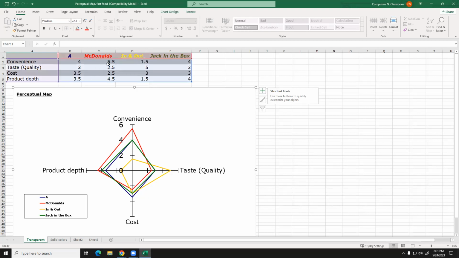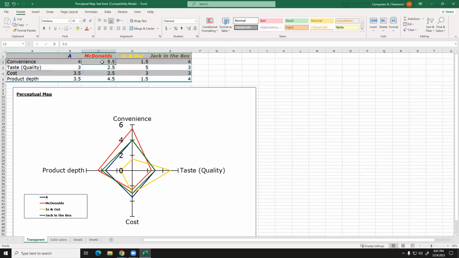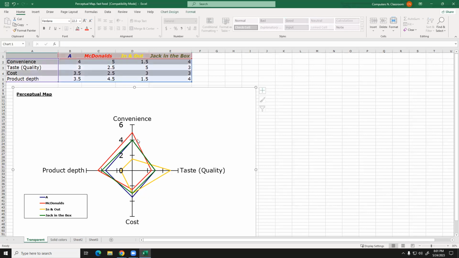And now let's say I want to change McDonald's on convenience. Right now we have it at 5.5. I want to make it 5, just a 5, because it's a 1 to 5 scale. I'd like you to watch this line now. As I do this, if I click out, it adjusts. And you can change all these things.